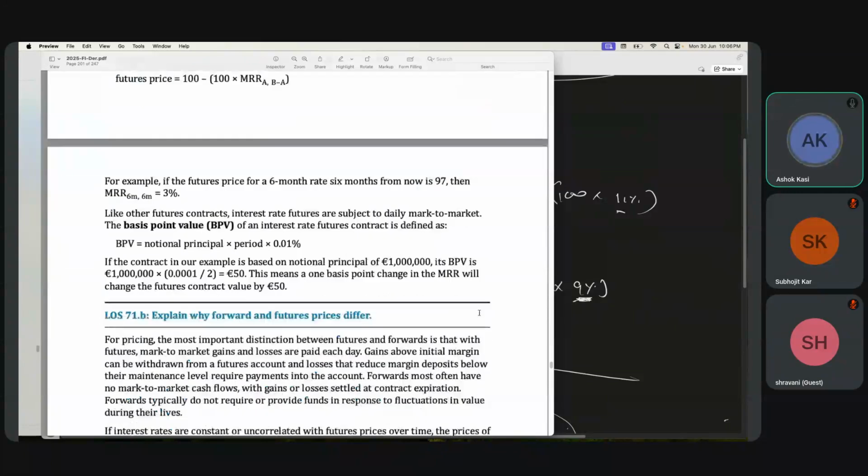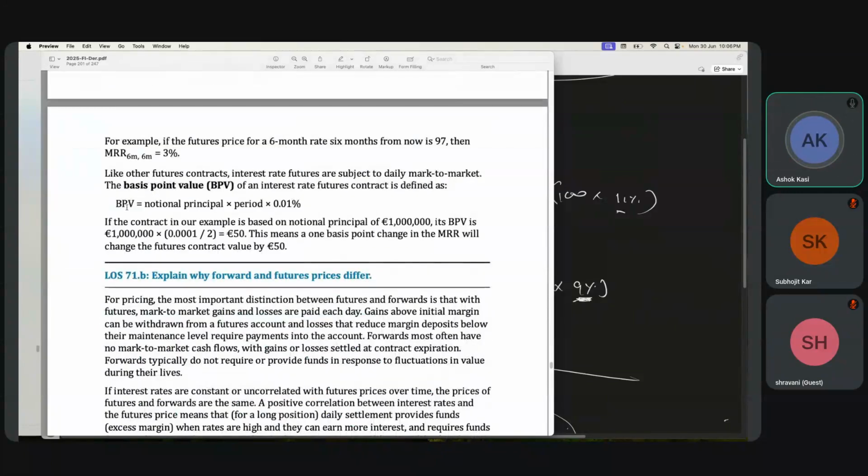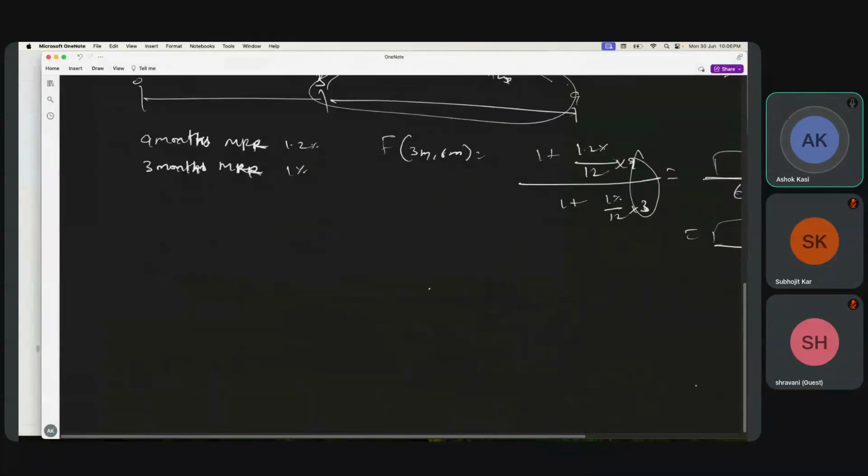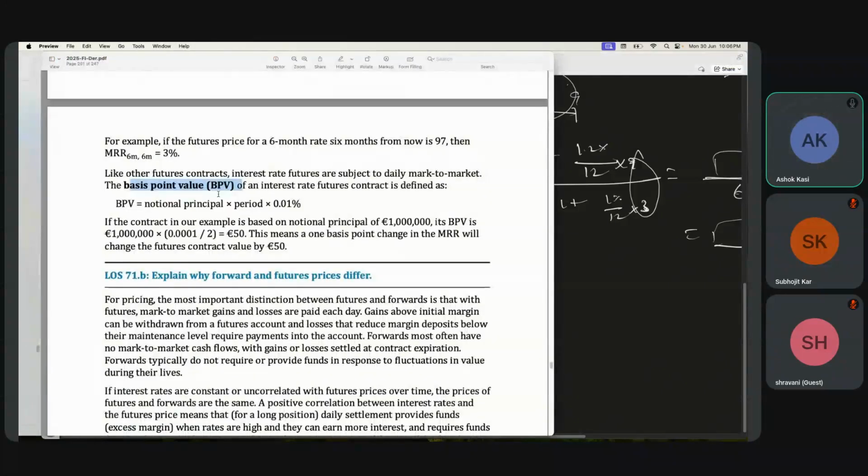And then the next one, basis point value. Basis points means 0.01 percentage. Okay, this is called 1 basis point. Now basis point value.